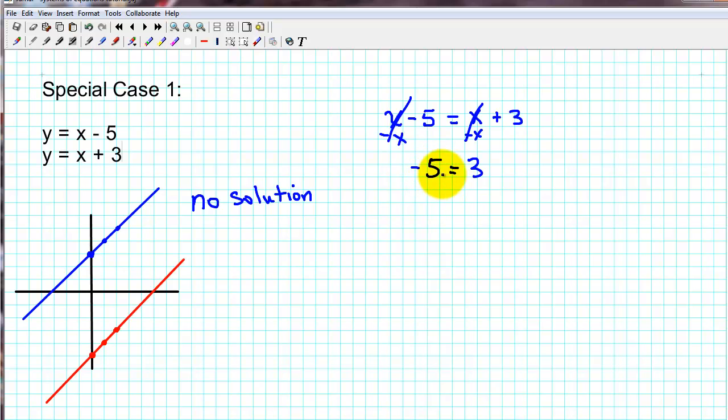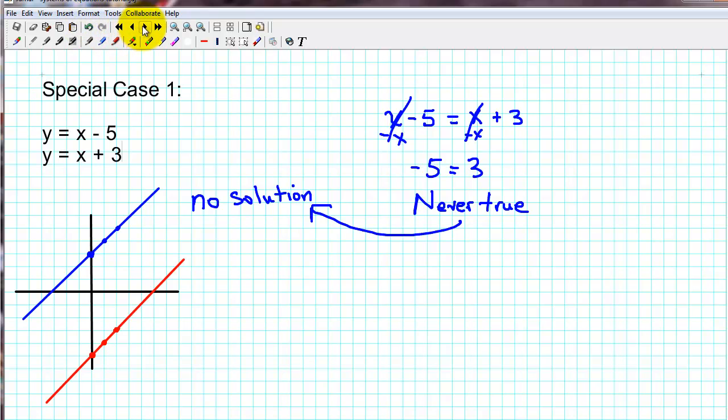There's nothing we can plug in here that can make negative 5 equal to 3. So this is never true, and that's the signature when we are doing things algebraically. That means no solution. So two things will happen when we solve: you will have the x's disappear, and you will have an equation that can never be true. This can come out using both the substitution method and the linear combination method.